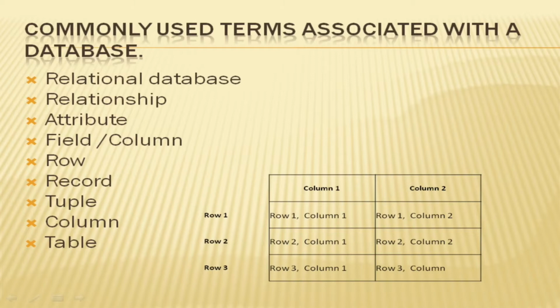Cool. The next term that you should know is a row, and a row is a collection of all the columns in a table that is associated with a single occurrence, right? Just remember that. Alright, the next term that you should know is a record, and a record is a collection of related fields, right? It contains a single row and many columns.